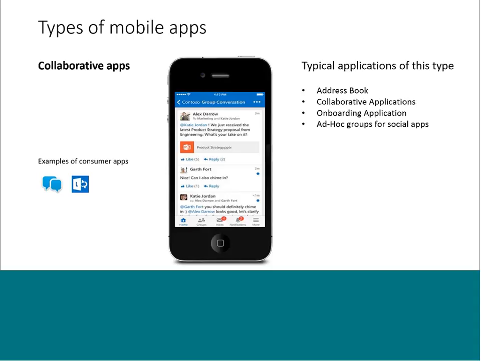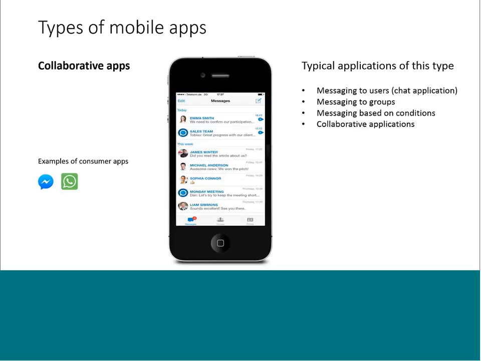All these types of collaborations require this kind of capability within your mobile application. And of course, that all leads into the need for user management, group management, and all that too. That all becomes kind of inherent.